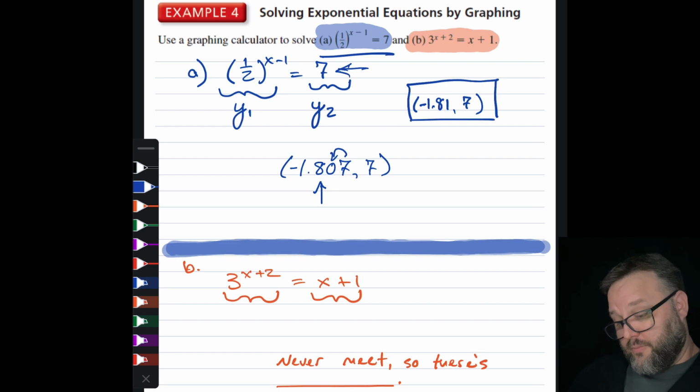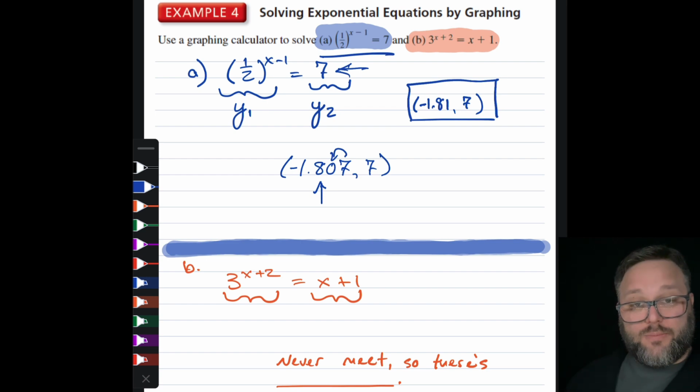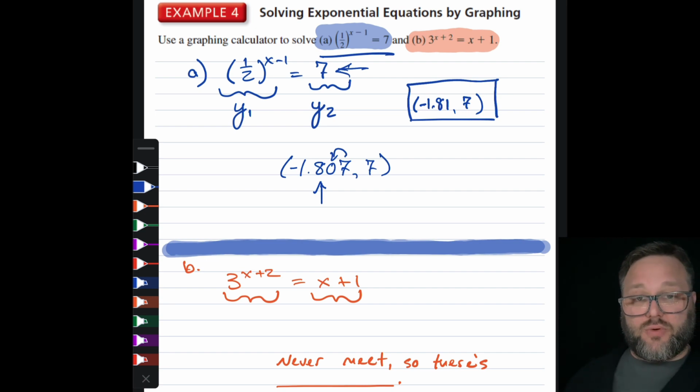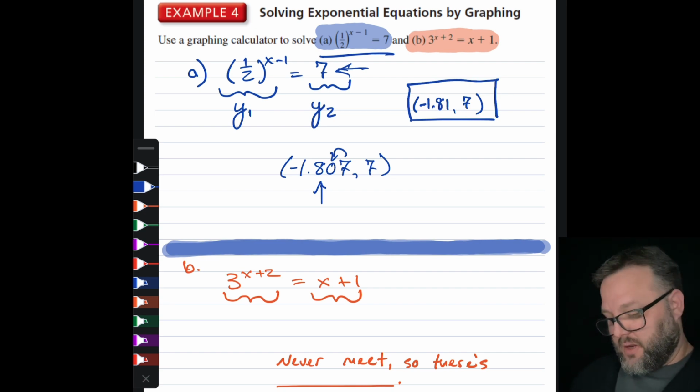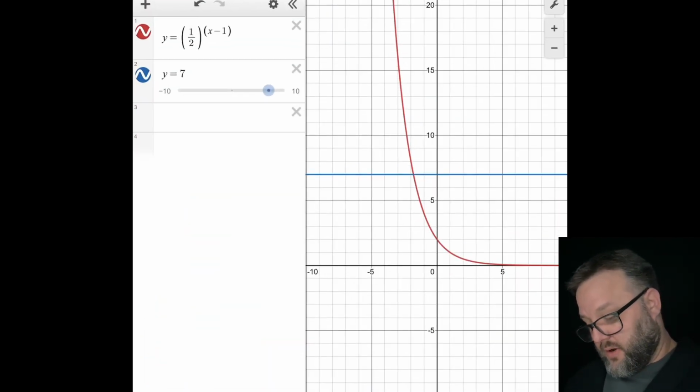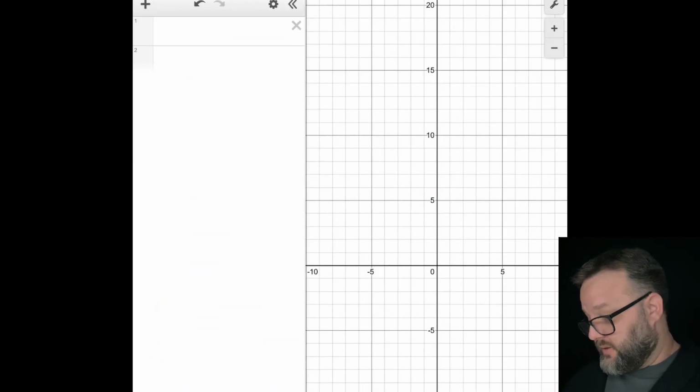Now, on B, I'm going to actually type it in this time so you can see how I did it and why there were parentheses around the exponent, whereas now, how it's written, there aren't parentheses. The parentheses were around the base. So I'm going to be looking at the book because it has the actual problem. I'm going to delete both of these.